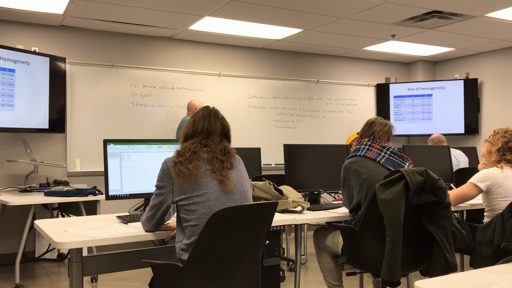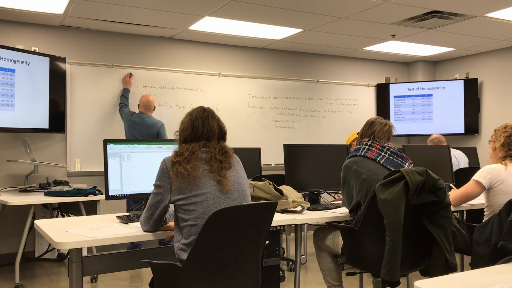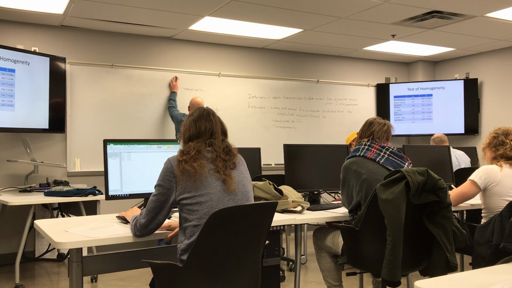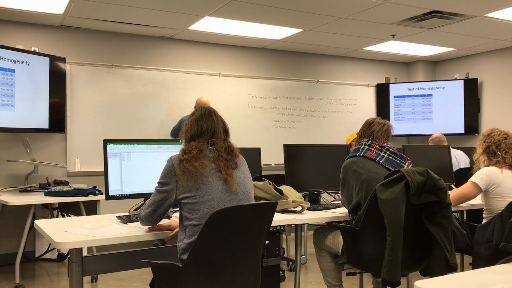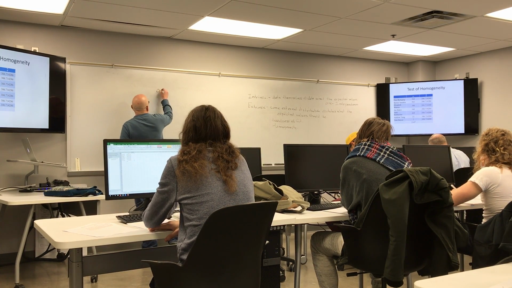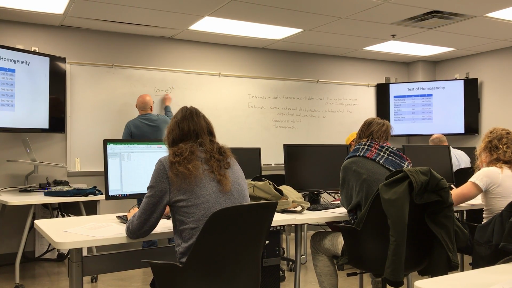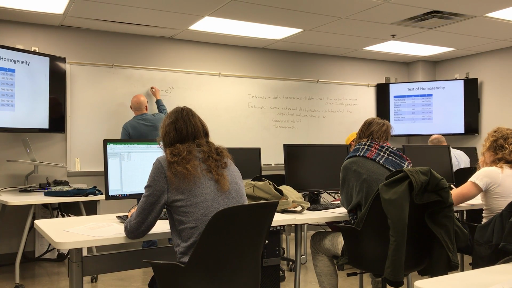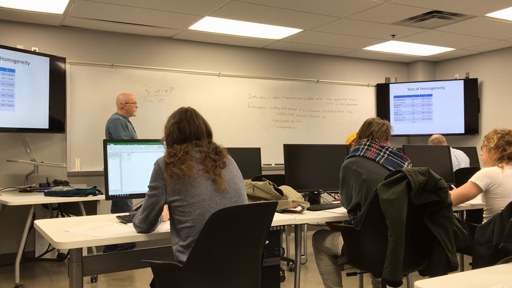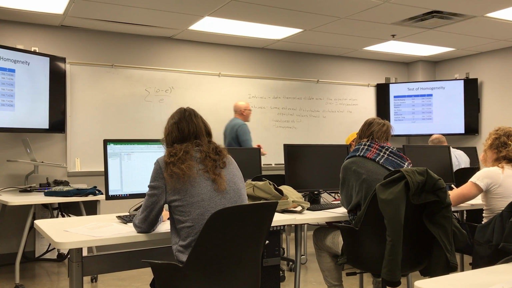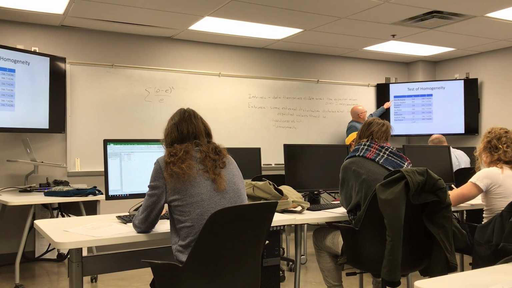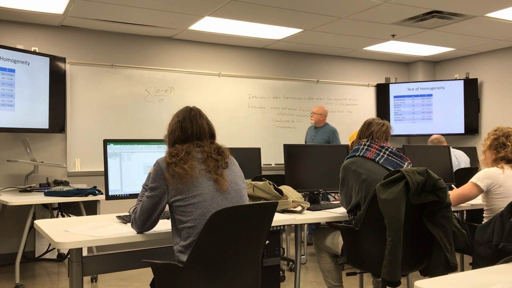So a chi-square test of homogeneity is just like a chi-square test of any other type. We take the observed minus the expected, we square that, we divide it by the expected, and we sum that up across all the different categories. And in this case, we have 1, 2, 3, 4, 5, 6, 7 candidates.